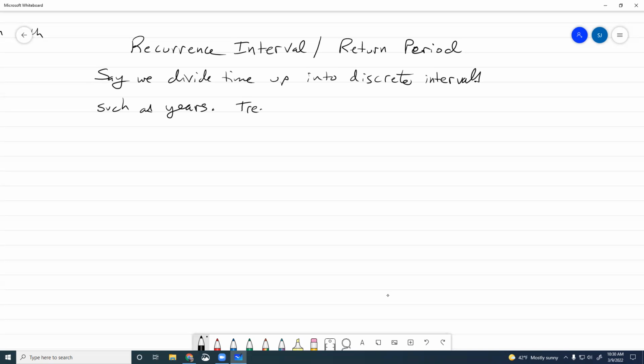And then we treat each year as a Bernoulli trial. Then we can translate this to the geometric distribution.